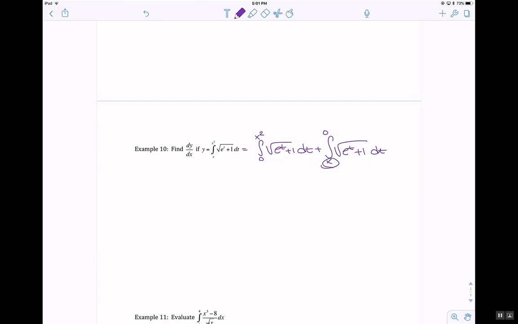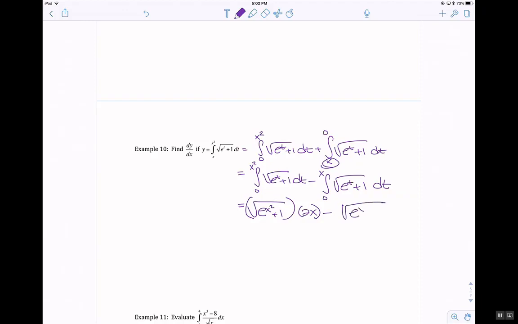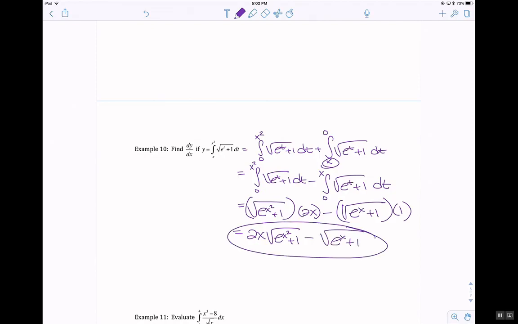So 0 to x squared root e to the t plus 1 dt minus 0 to x root e to the t plus 1 dt. So then I get root e to the x squared plus 1 times the derivative of x squared, which is 2x, minus root e to the x plus 1 times the derivative of x, which is 1. So I get 2x root e to the x squared plus 1 minus root e to the x plus 1. Okay.